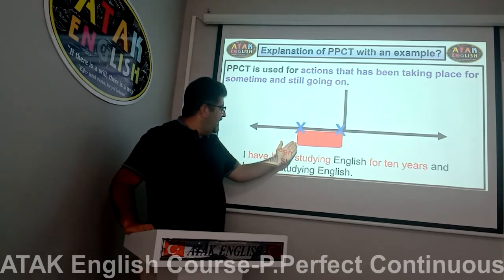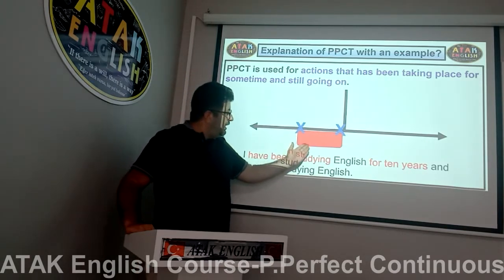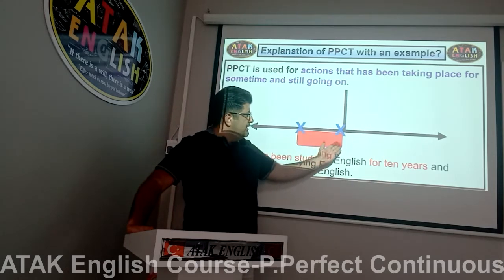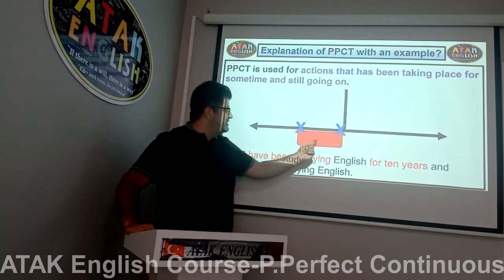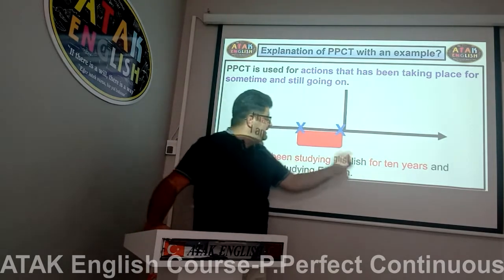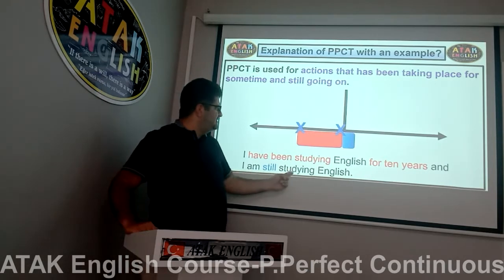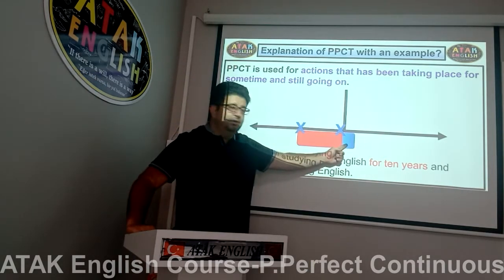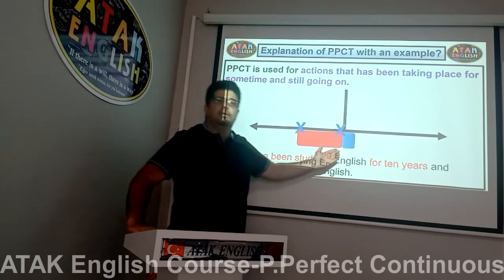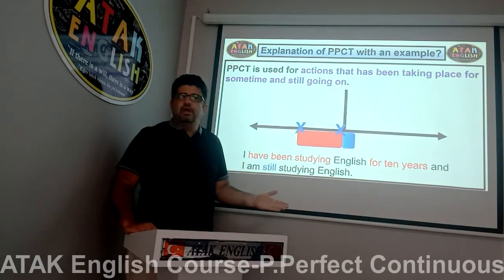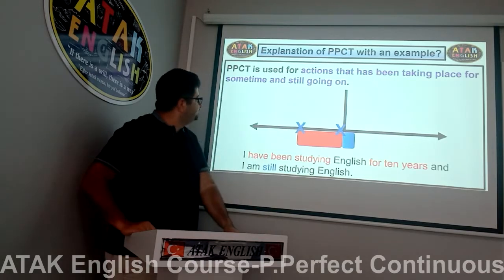Here, I started studying English sometime in the past and it continued up until now, which in this case is for 10 years, and I'm still studying English right here. After present, after now, it's still going on. It's an ongoing action.